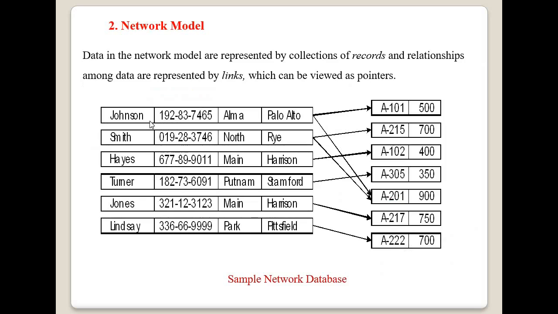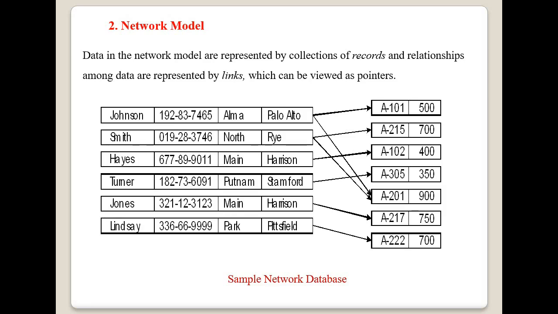Next, the network model. Data in the network model are represented by a collection of records, and relationships among data are represented by links, which can be viewed as pointers. You see in the picture there are two tables, a customer table and an account table.